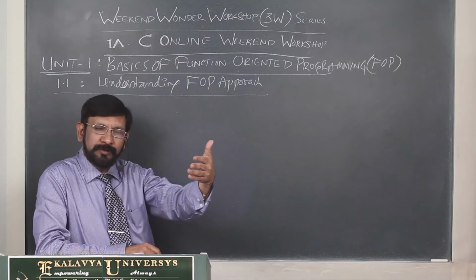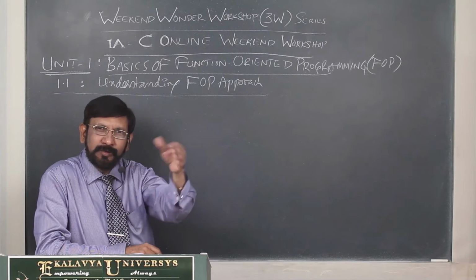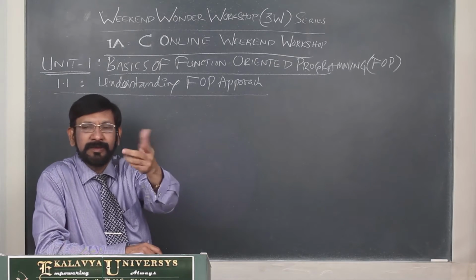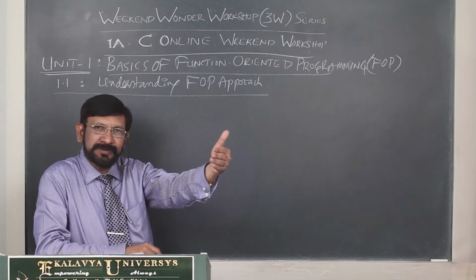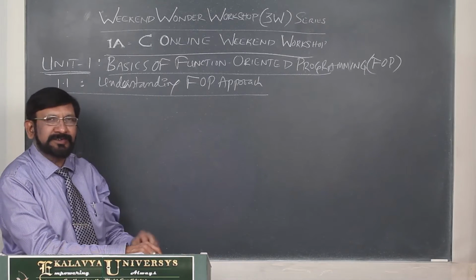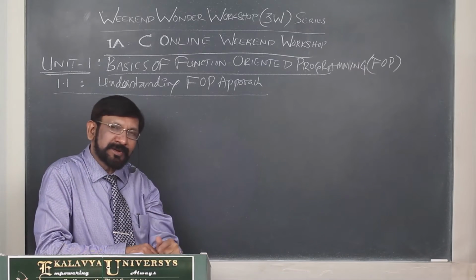Suppose I told you the painter has come, then you never ask me who has come. Painter has come means simply by its name you are able to understand one specialist has come whose specialization is painting. Understand? In that way, for all functions you have to give self-explanatory names.